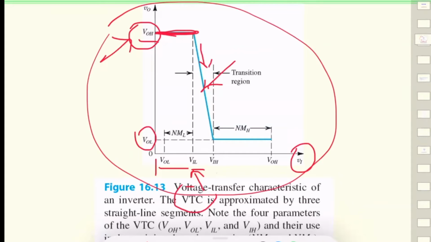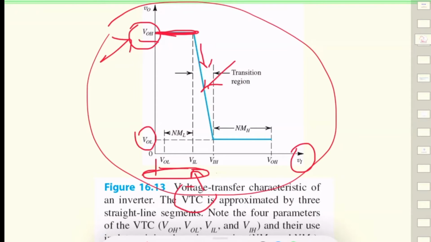And we can say that, for example, the high output depends on the maximum value of the input that we can afford while it would still be interpreted as a zero input. So it gives us a bigger kind of wiggle room.